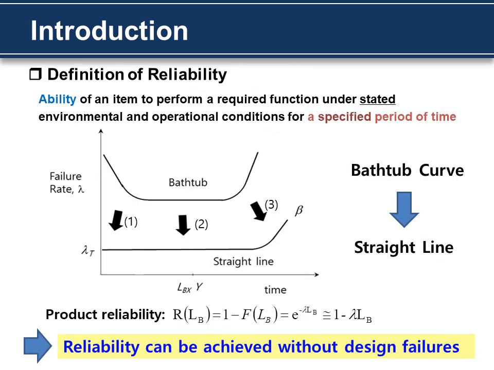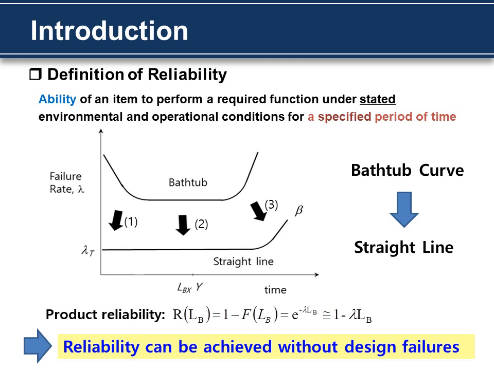Generally, product reliability can be defined as the ability of an item to perform the required function under stated environmental and operational conditions for a specified time. Therefore, new product reliability can be described as a bathtub curve, but if a product follows the bathtub curve, it will be rejected in the marketplace because it has an initial failure rate, a higher failure rate, and a short lifetime.